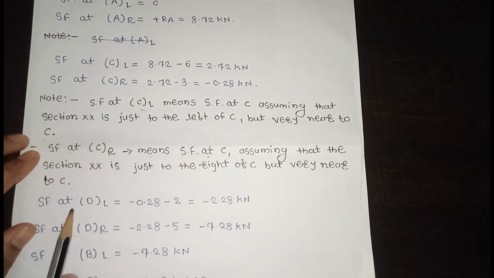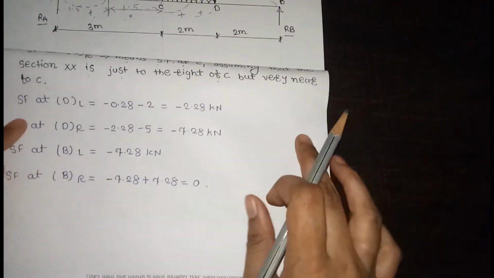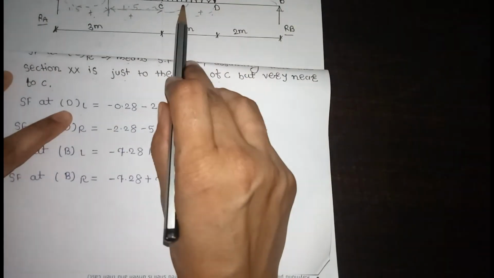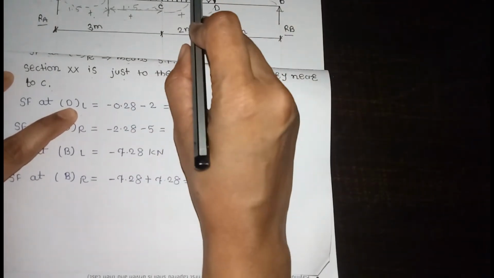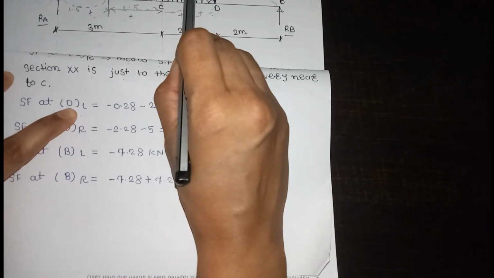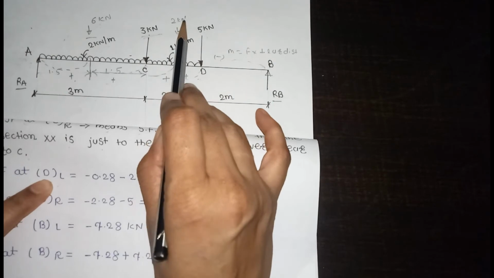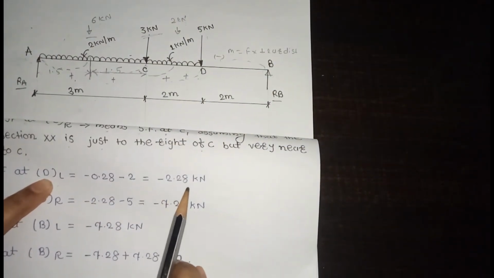Then shear force at D left is the previous value minus 0.28, minus 2, the equivalent point load, which is equal to minus 2.28 kilonewton.